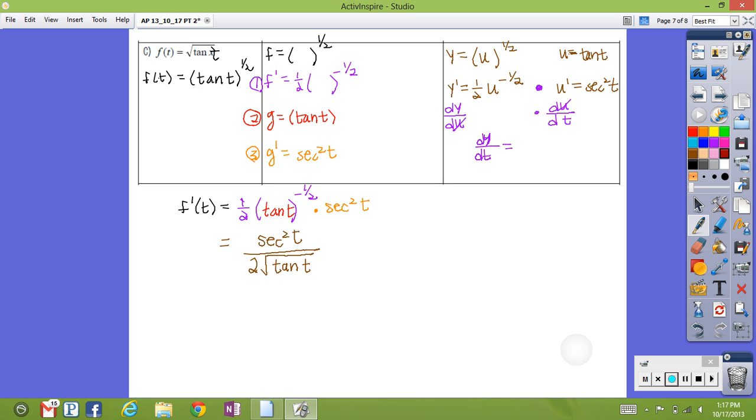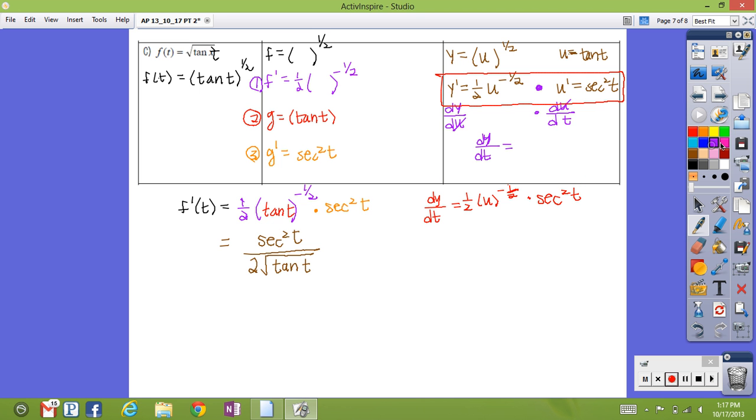And going back again, one more time, your derivatives, if you write it this way, you can physically just multiply them. So I'm actually going to write it underneath here. Dy dt, which is the same as y prime, is equal to 1/2 u to the negative 1/2 times secant squared of t.